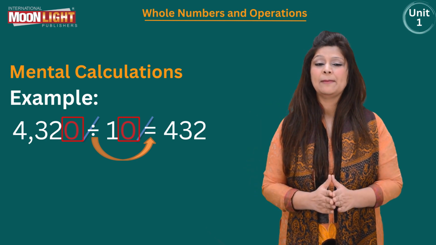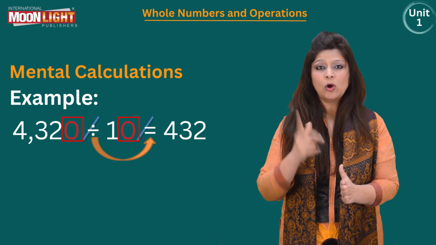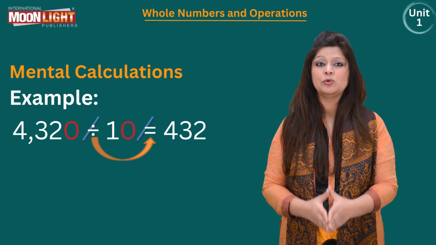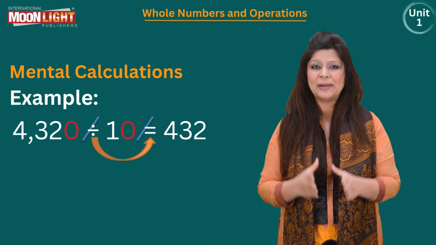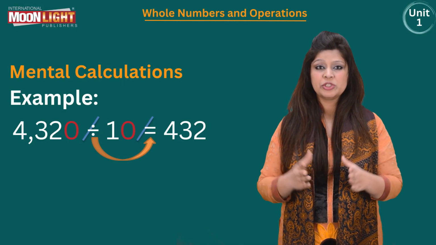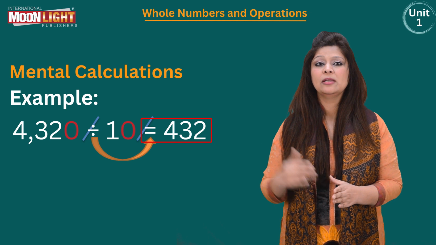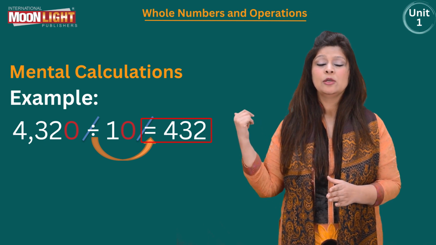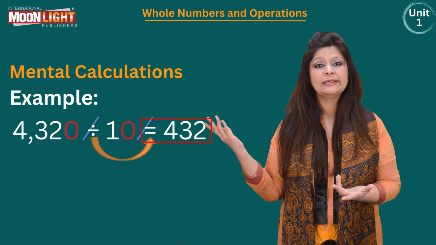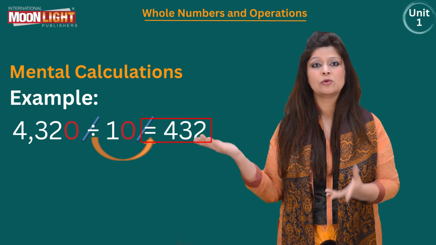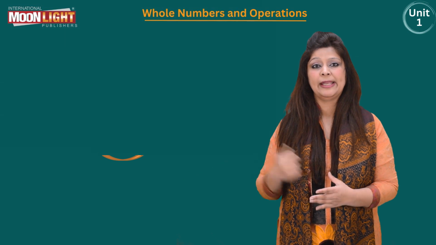So I am going to remove this number, or you can say take away these digits, because this is a mental trick or mental strategy. Now the quotient will be 432, as you can see here. So I did this in a simple mental calculation. I am not going to solve by the long division method over here.